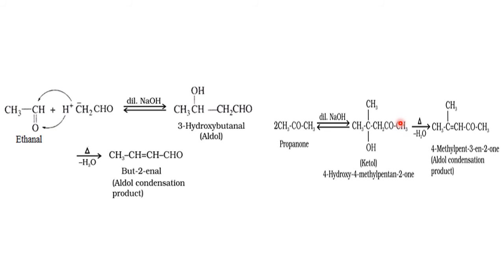Again, after condensation by the elimination of one water molecule, they convert into the condensation product. It is a double bond with a ketone. See here it is enal, en plus al. This is en plus one, enone. So enal, aldol; enone, ketol.